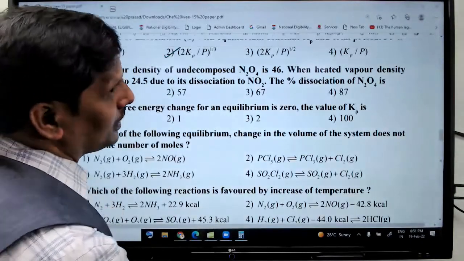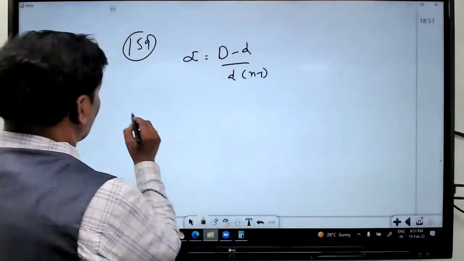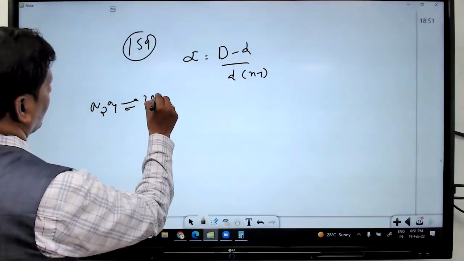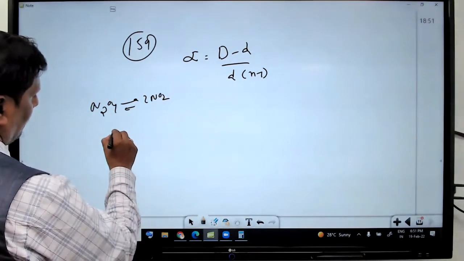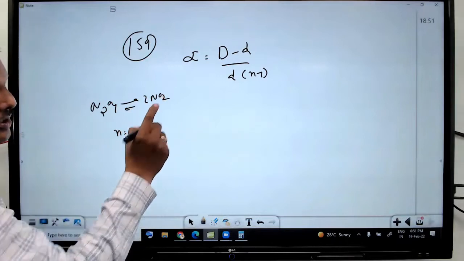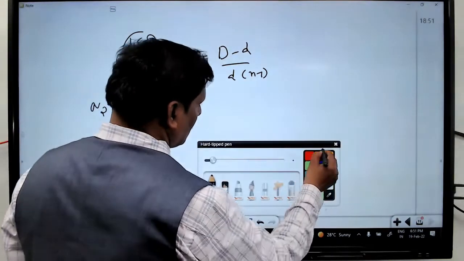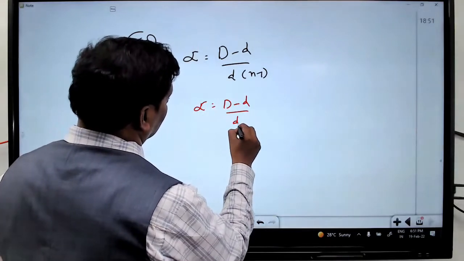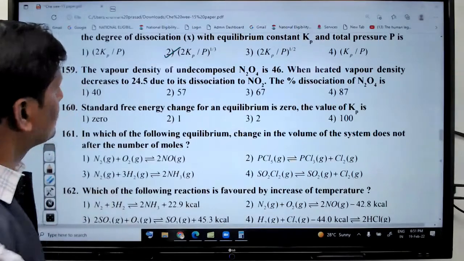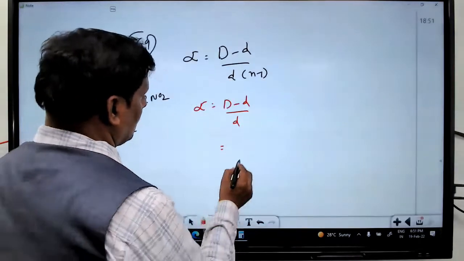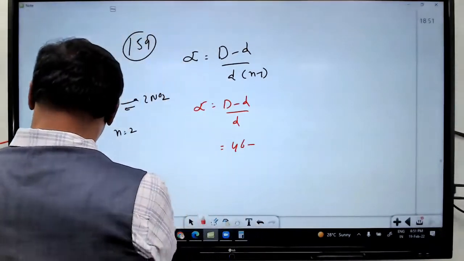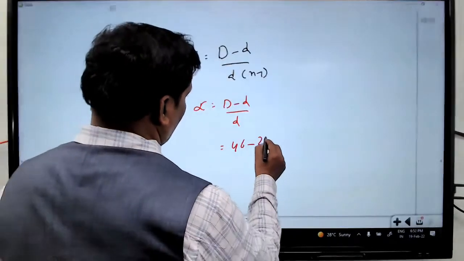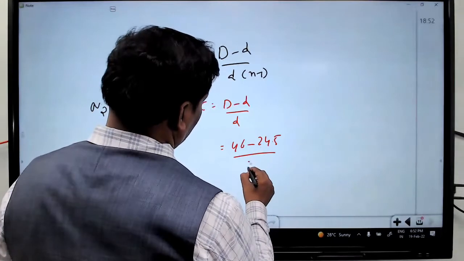For this reaction, N2O4 gives rise to 2NO2. Number of moles dissociation is equal to 2, 2 minus 1 is 1. That means alpha is equal to capital D minus small d by small d. Capital D value is given as 46, small d value is given as 24.5, so divided by 24.5.